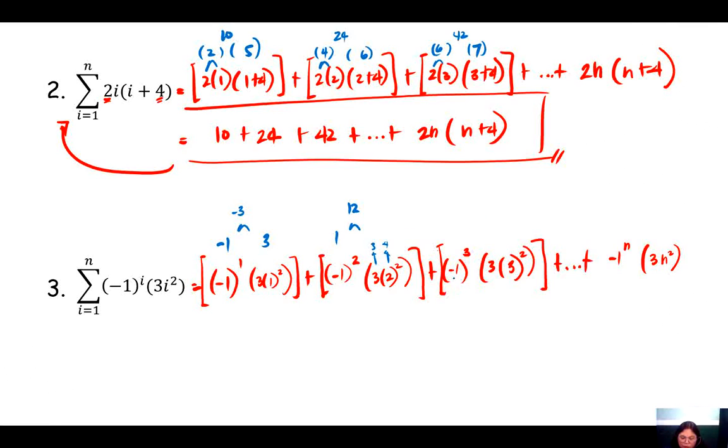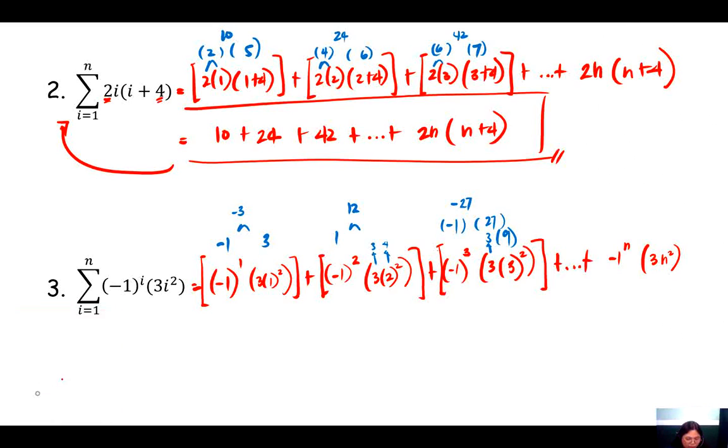Negative 1 raised to 3 is negative 1. 3 squared is 9 times 3 is 27, and negative 1 times 27 is negative 27.